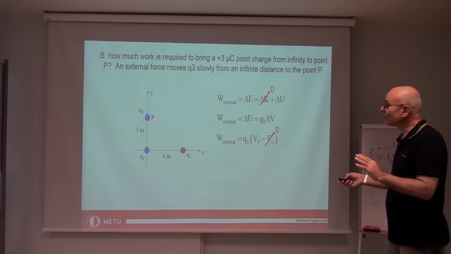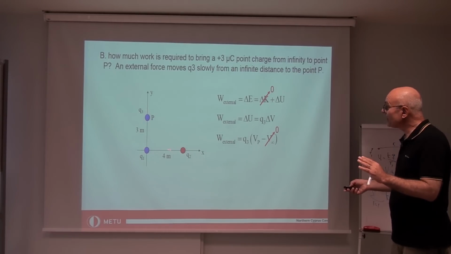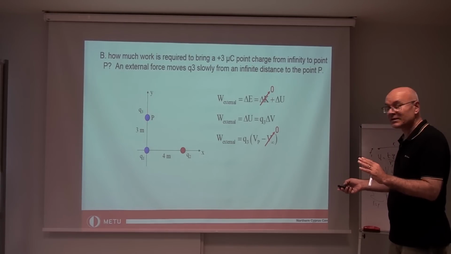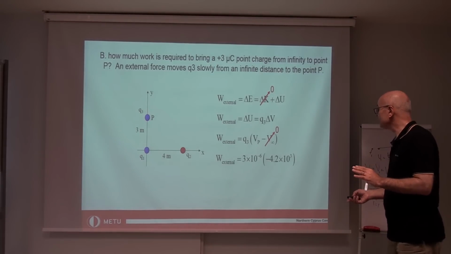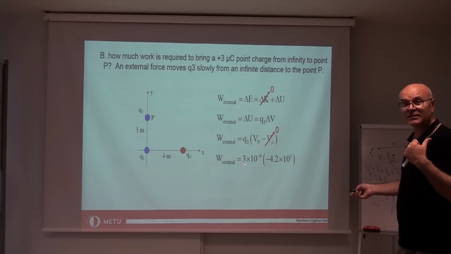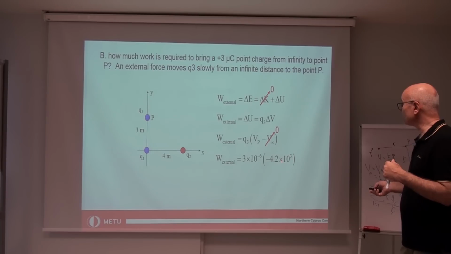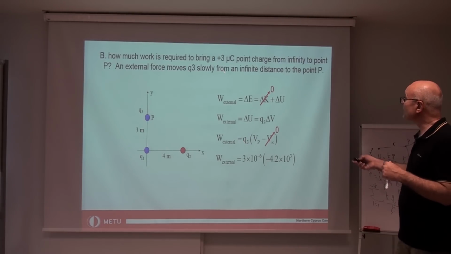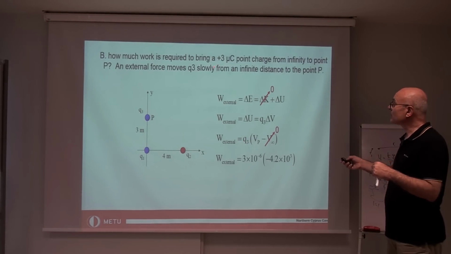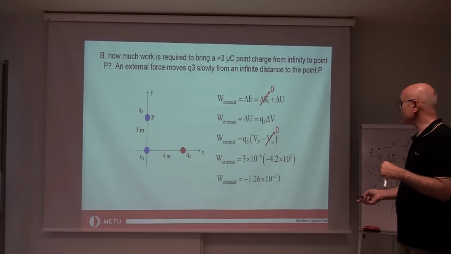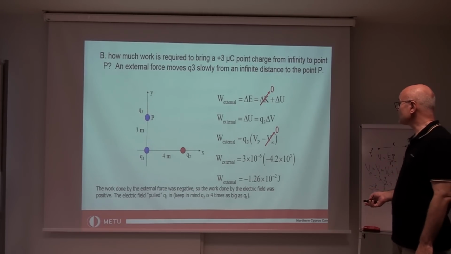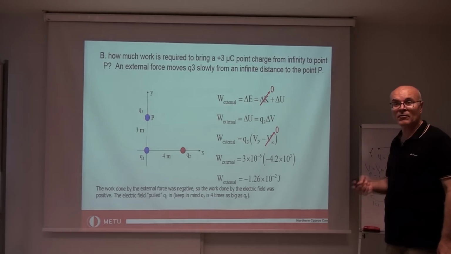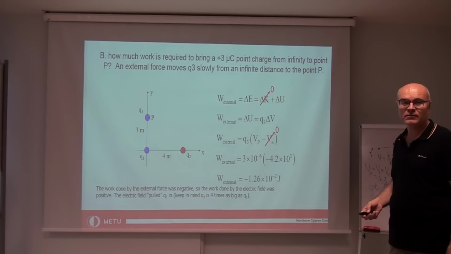So the potential Vp is the potential due to this point charge and this point charge at point P. And this is just what we have calculated in the first part, which is minus 4.2 times 10 to the power 3, multiplied by the point charge that you have brought in. It is a positive point charge, and therefore you substitute it as positive, and this external work is minus 1.26 times 10 to the power minus 2 joules.